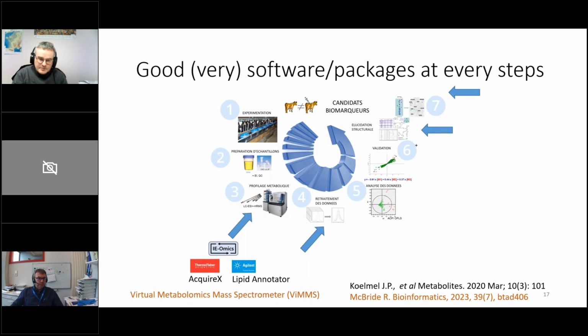Really recent tools, but based on old tools, the virtual metabolomics mass spectrometer, it's also a way to improve your MSMS acquisition methods virtually. So again, if you take the time and have a look at that VMS thing, it can really help you to improve your acquisition methods without doing a long design of experiments with real samples on your machine. It can be done all in silico.